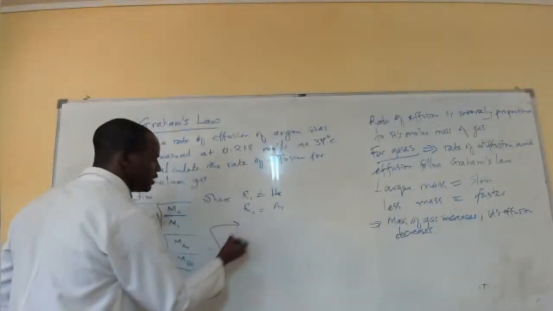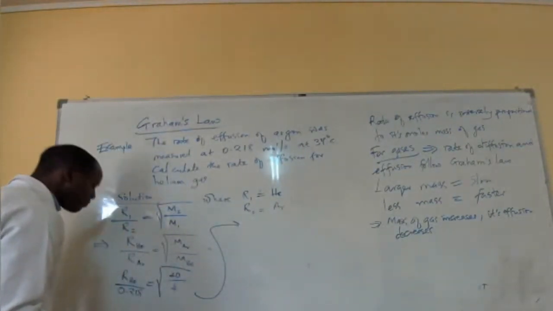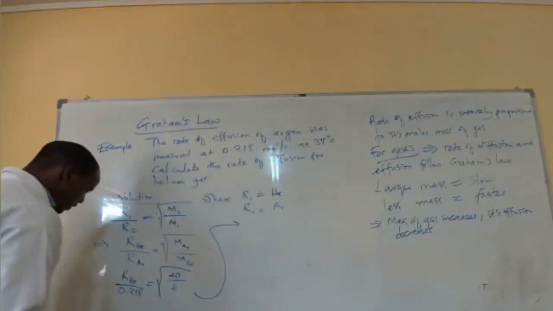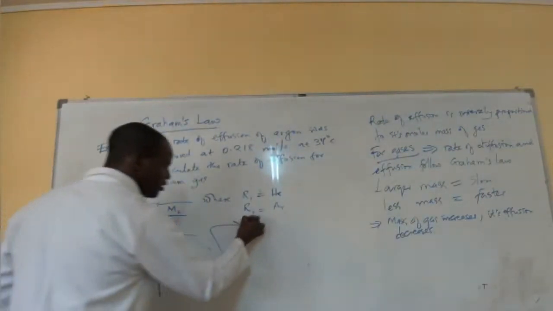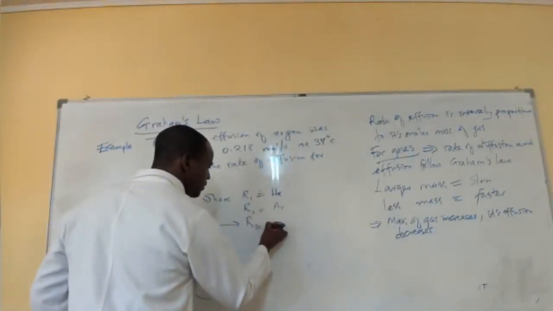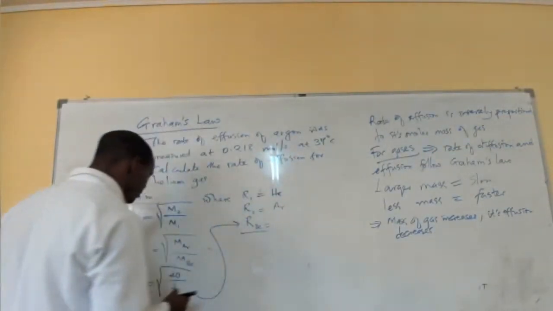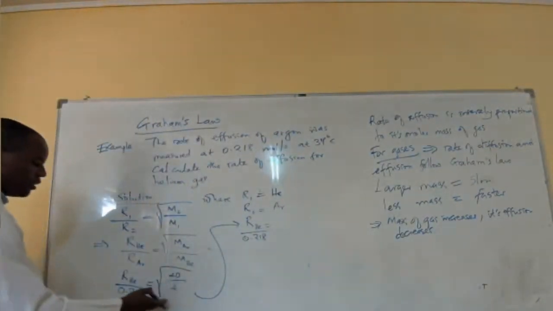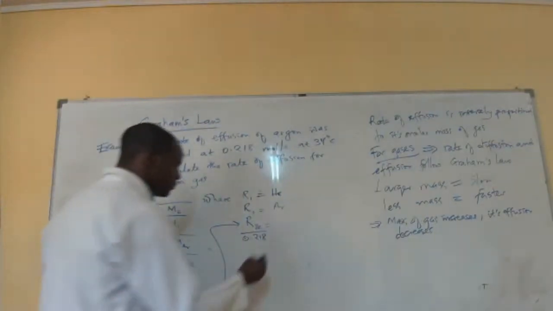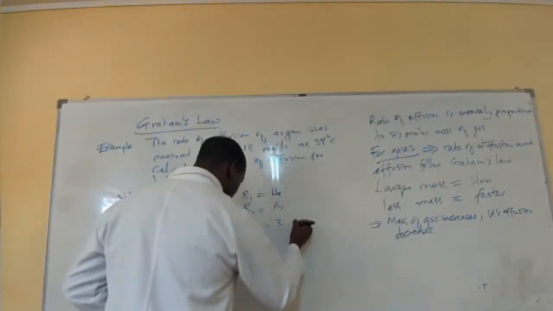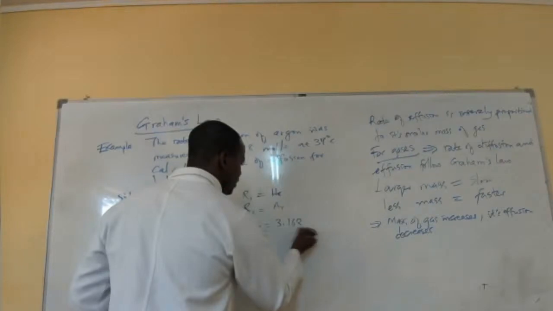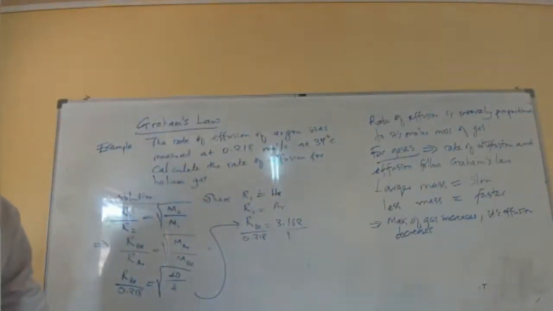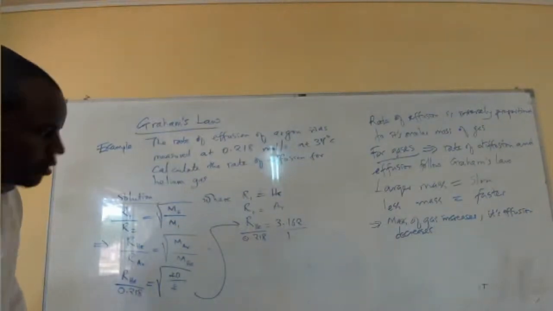So if we can come here, from there, if we simplify that, we are going to have rate of helium is equal to, that is divided by 0.218 is equal to, if we simplify that, 3.162. Let's make it a ratio divided by 1. Okay?